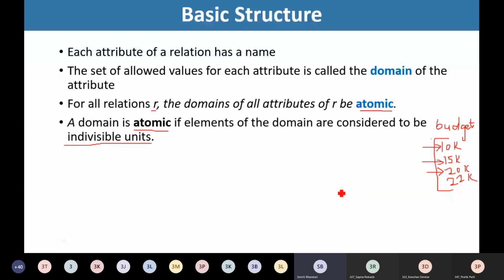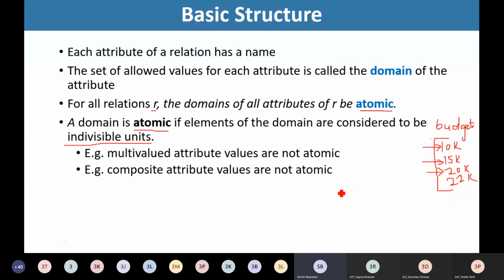It is good practice that for all relations, the domains of the attributes are atomic. That means they need not be divided into subparts. For example, if I consider multi-valued attribute values or composite attribute values, then we may say they are not atomic.